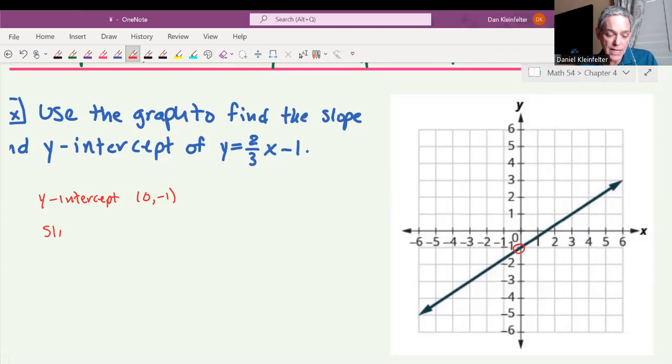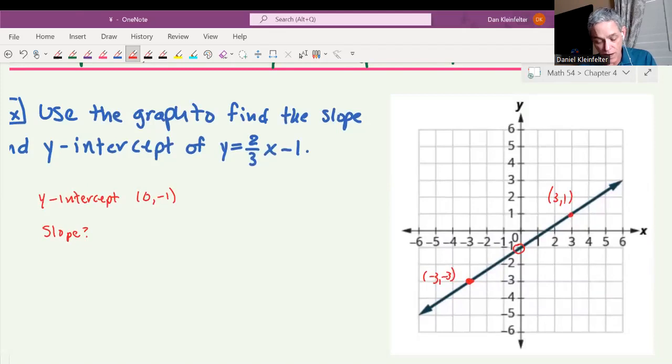And then the next thing that we'll need is the slope. Starting with some points on the graph that exactly match corner points, it looks like we can use (-3, -3) and then (3, 1). Let me calculate the slope.